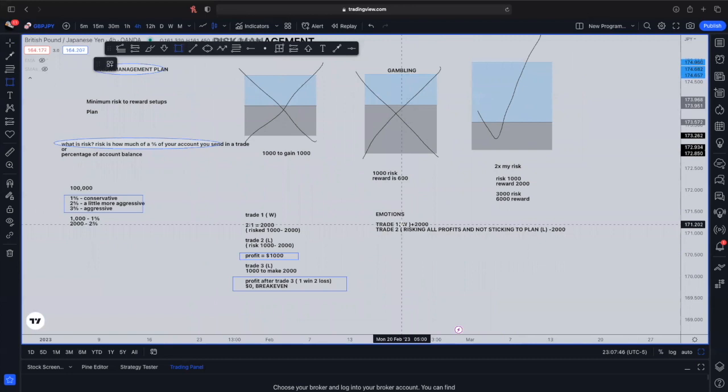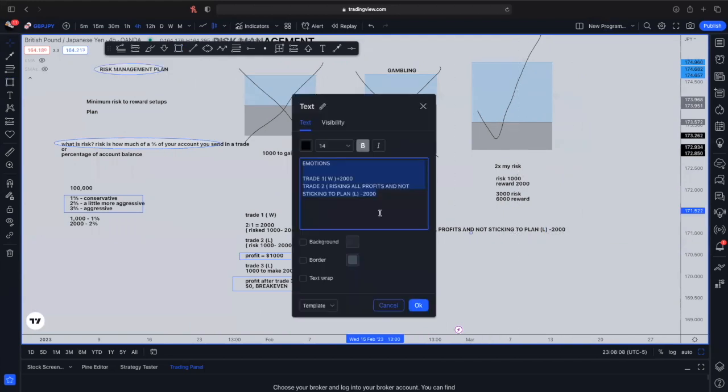If they win trade 1 and take a 2-to-1 and make 2,000, some people get very happy. That's emotions. They'll risk all their profits. So win trade 1, 2,000, trade 2, risk all profits and not stick to the plan, you risk 2,000 and you lose 2,000. So at the end, you're break even, and you took one win, 1 loss.